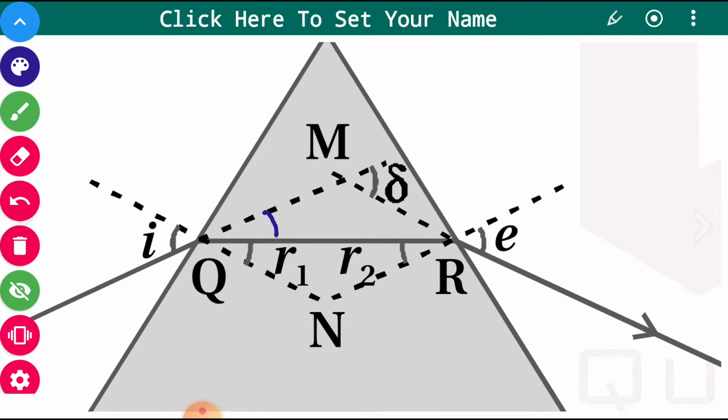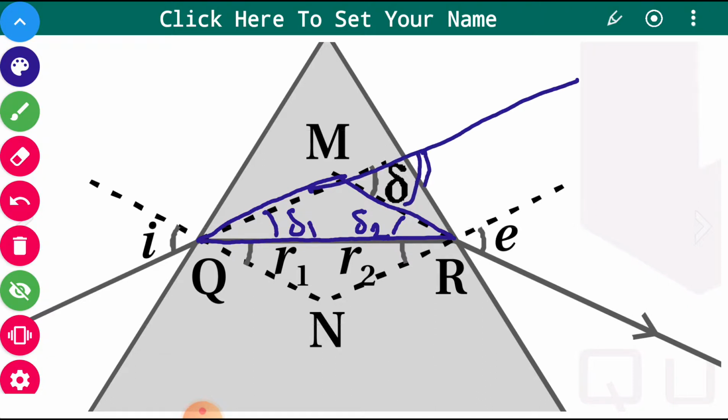If you consider angle delta 1 and angle delta 2, then in this triangle MQR, this angle delta is the exterior angle of the triangle MQR, and as you know, it equals the sum of the interior opposite angles, delta 1 and delta 2.